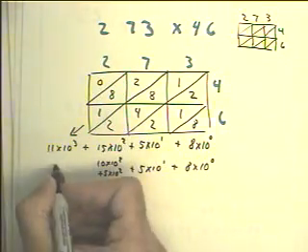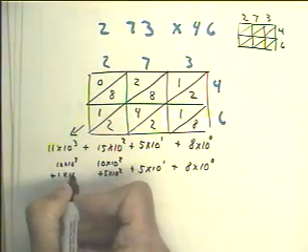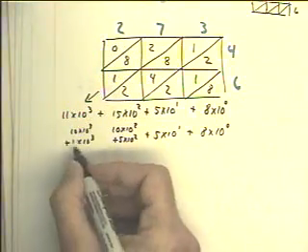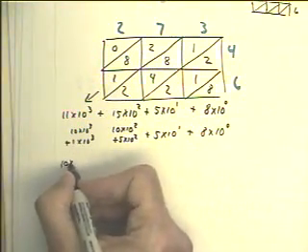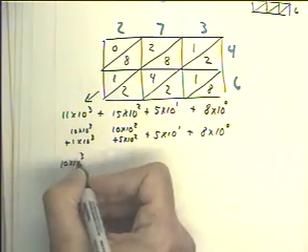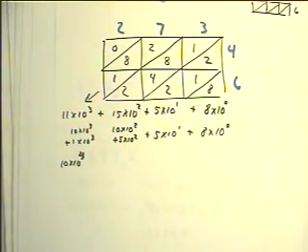And 11 times 10 to the 3 is 10 times 10 to the 3 plus 1 times 10 to the 3. And this is going to give us then 10 times 10 to the third, which is 10 to the fourth. So let's write that as 1 times 10 to the fourth.